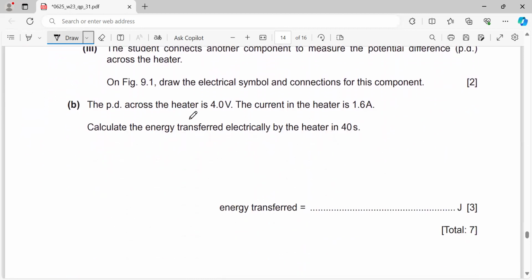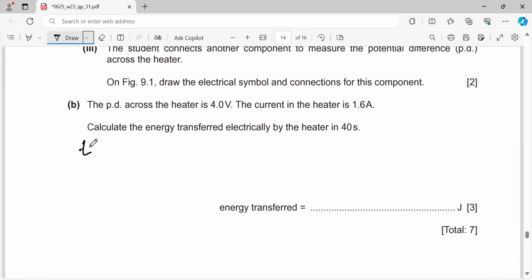The potential difference across the heater is 4 volts. The current in the heater is 1.6 amps. Calculate the energy transferred electrically by the heater in 40 seconds. Right.